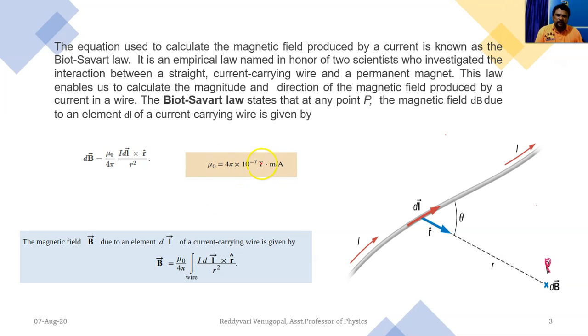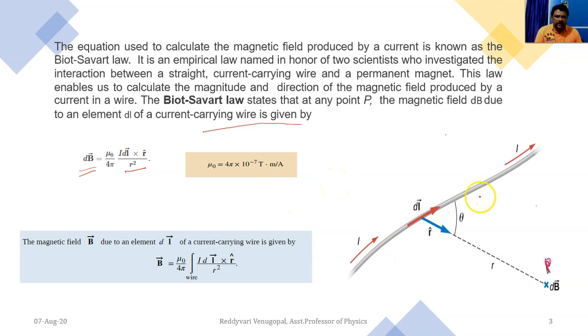Biot-Savart's law states that at any point the magnetic field dB due to a current element dl of the current carrying wire is given by dB = (mu naught by 4 pi) times I dl bar cross r bar divided by r square. Let me explain this.